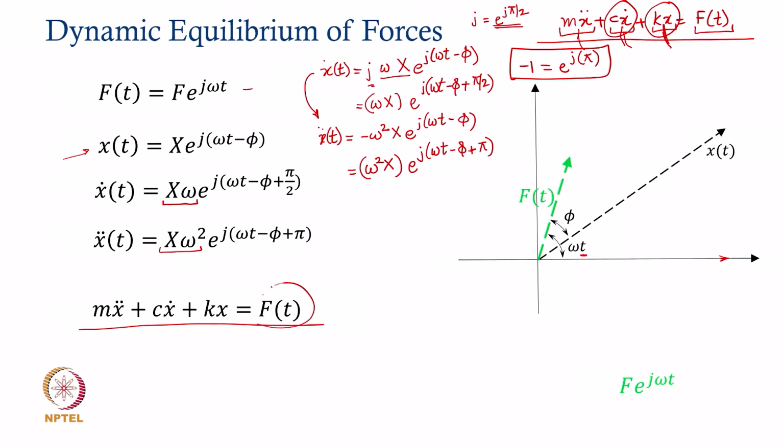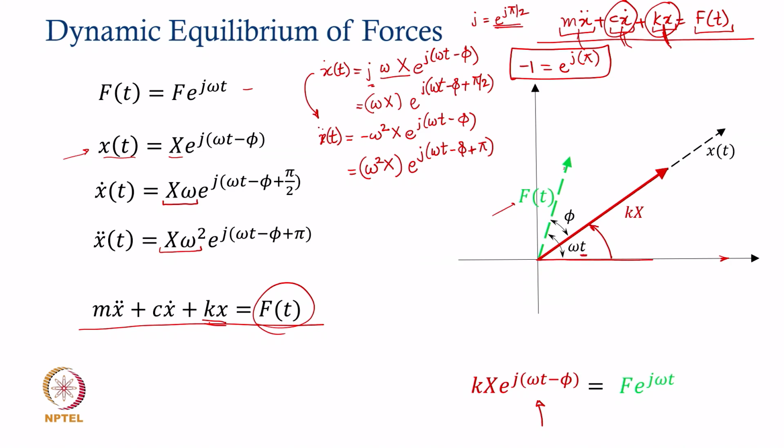The first of these forces, the externally applied force F e to the power j omega t, is already represented here, as you can notice. The restoring force Kx, if you replace x of t here, is going to be k into capital X e to the power j omega t minus phi. This restoring force has an orientation omega t minus phi, which means its angle with respect to time t equal to 0 is measured from where it started.